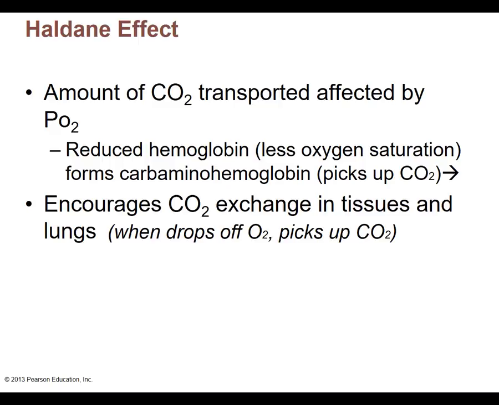Some of it is picked up by the hemoglobin. And just because hemoglobin can pick up and transport oxygen, and it can pick up and transport carbon dioxide, it allows our body to be as efficient as possible. As it starts to unload oxygen, it will pick up carbon dioxide. This allows a really efficient exchange at tissues and in the lungs of picking up and dropping off.